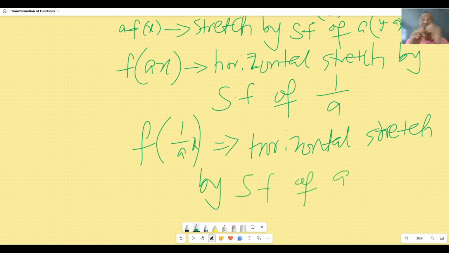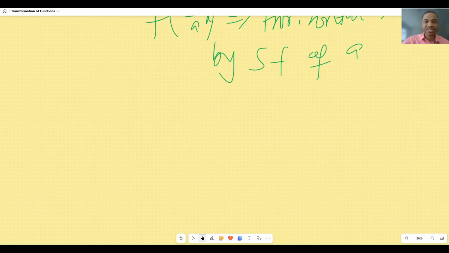So if I have a sine graph also, 0, 180, 360, and I have half x, my 180 will become 360, my 360 will become 720. So this is what this transformation does for us.